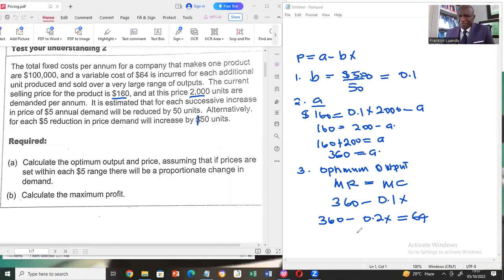So we can have this 360. This one jumps the equal sign and becomes minus 64. And this one goes to the other side and becomes 0.2X. So there we have 360 less 64, 296.